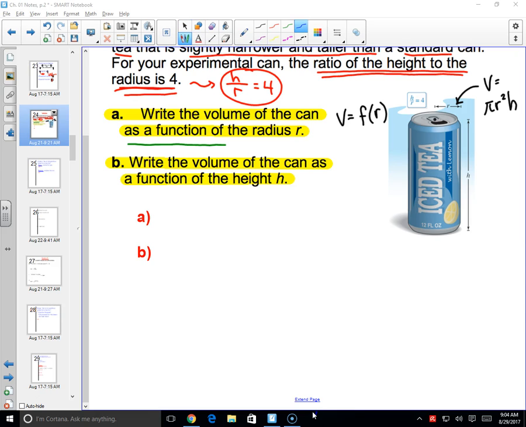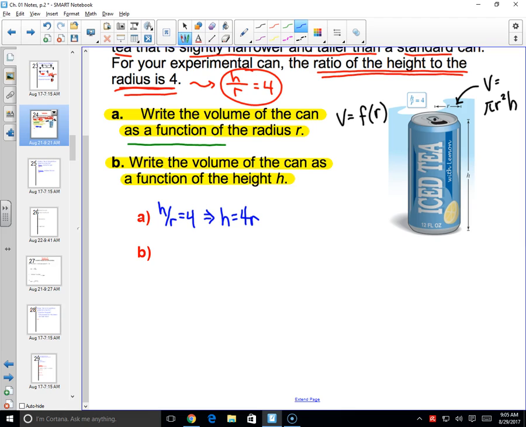Couldn't we take this expression, and before we even finish A, couldn't we say, well, if H over R is 4, then this little double arrow in math means this implies, it's kind of a way of going to the next step without just leaving a space. Then we can multiply R to the other side and say H is equal to 4R. Can we multiply this side by R? The R's cancel. Multiply this side by R and we have 4R.